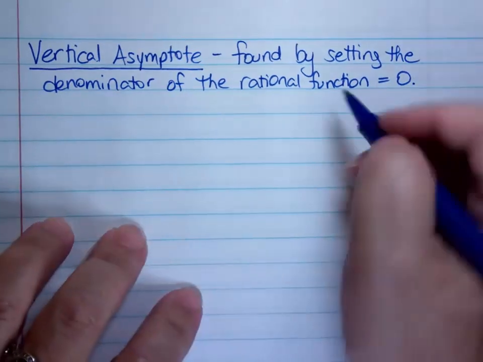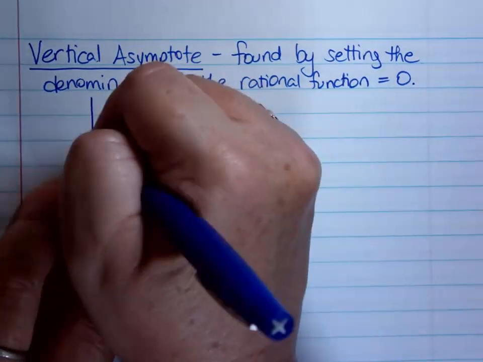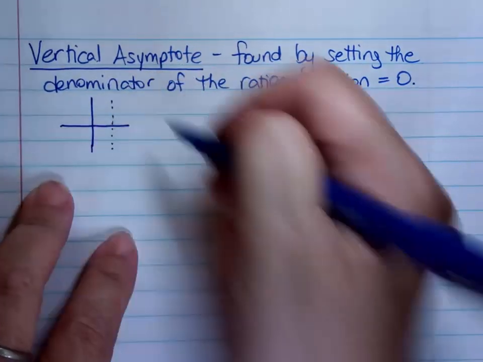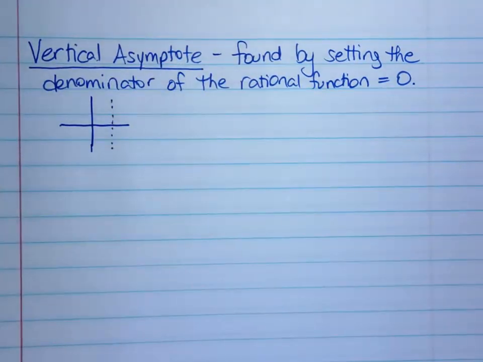Okay, so if you have one, let's pretend like we've got one right there. You're going to be asked to do 3 things. You're going to be asked to find where the vertical asymptote is, and we just talked about how. Then I'm going to ask you to find the limit approaching from the left and the limit approaching from the right. So those are the 3 things you're going to do.